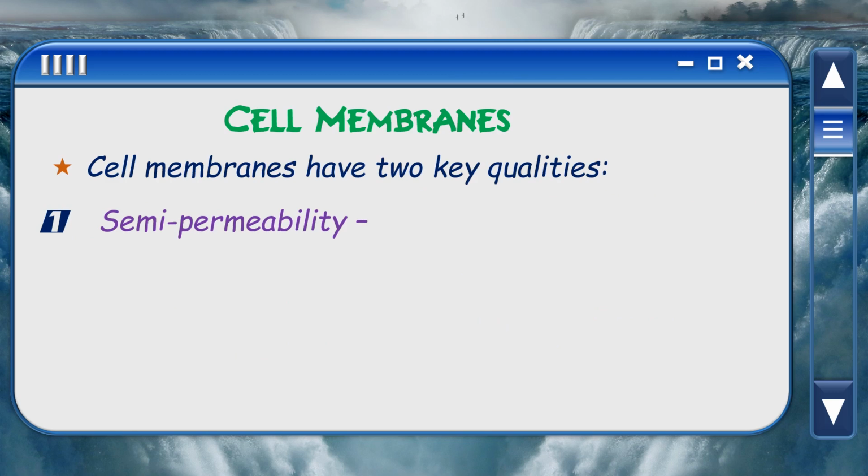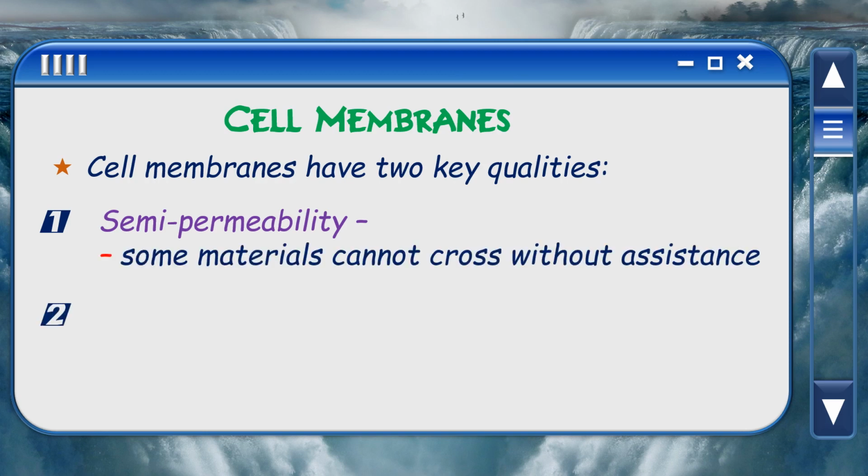Cell membranes have two key qualities. One, semi-permeability. This means that some materials cannot cross without assistance. And then selectivity.